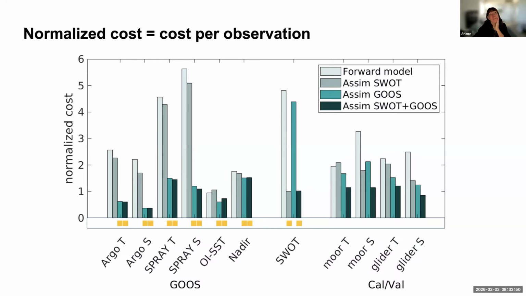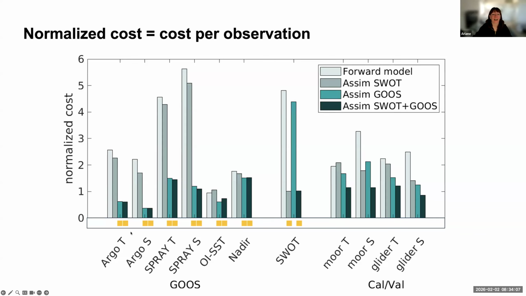But we might see more of an improvement in, let's say, the GOOSE or the state inside the SWOT path, while this is looking at the entire domain, right?